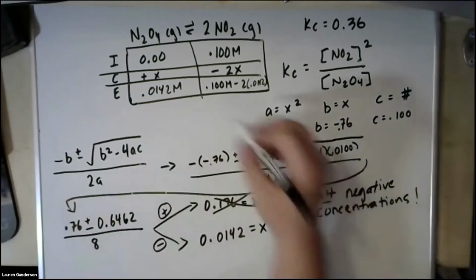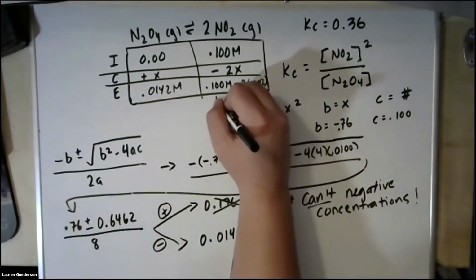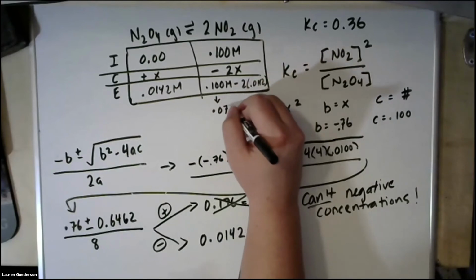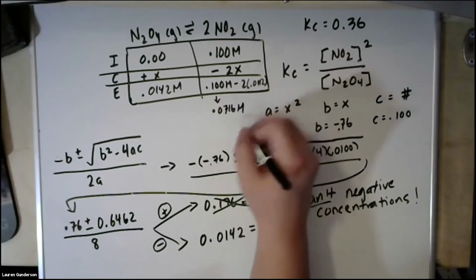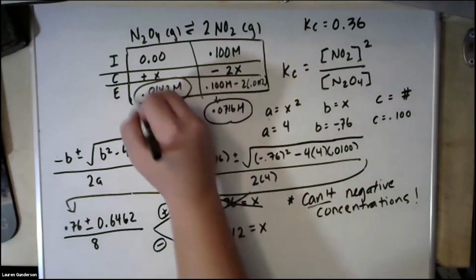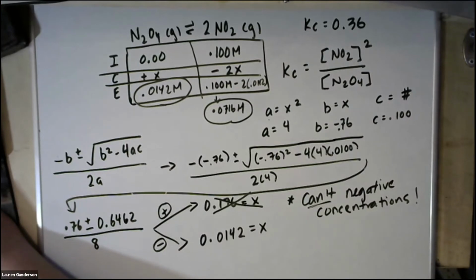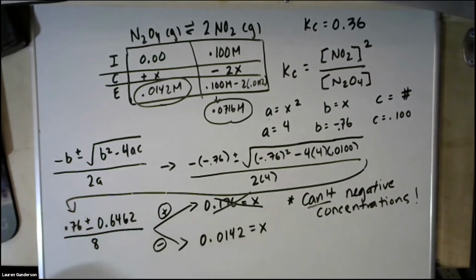And we get 0.0716 molar. And these are our two equilibrium concentrations. All right. I know, very fun, very exciting.